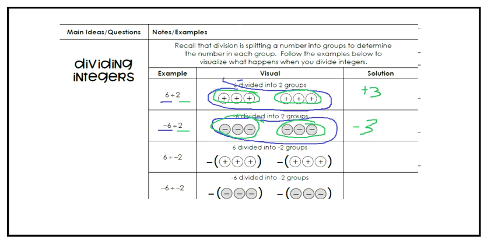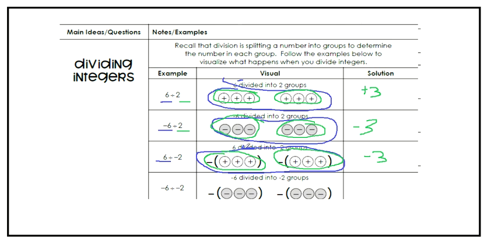The next one says 6 again. So you have 6 positives divided into groups of negative 2. And this one's going to be a negative 3, because you'll have negative 3 and negative 3s.